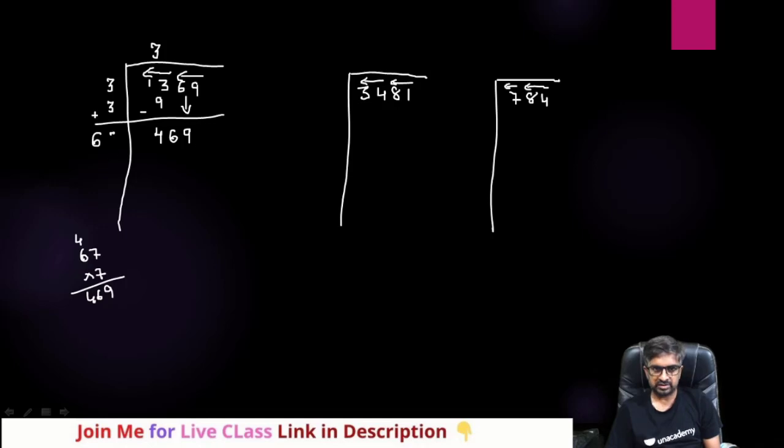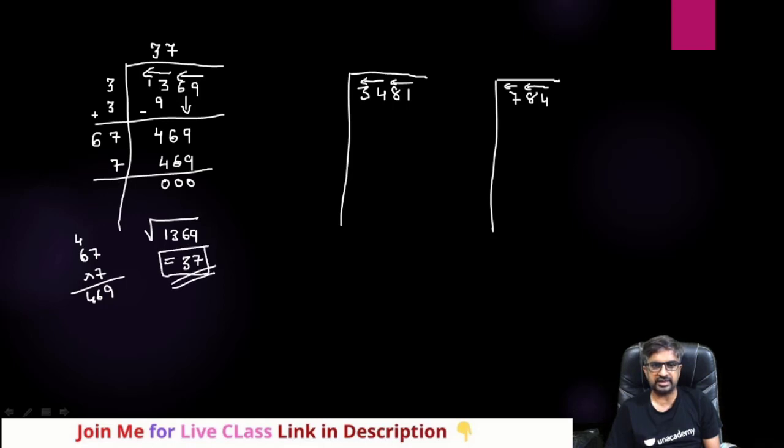So 67 sevens are 469, and you get remainder 0. We have taken 7, so that 7 we also keep in the quotient. So the square root of 1369 is 37.